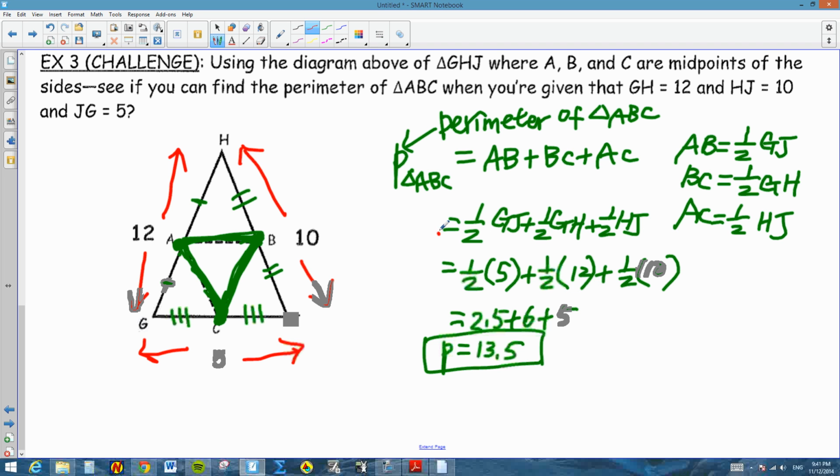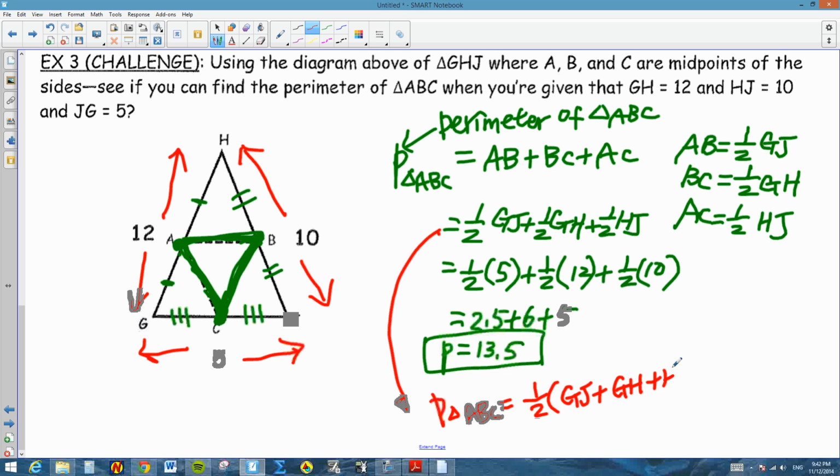From here, we discover that the perimeter of triangle ABC will equal, we factor the 1/2 out, 1/2 of GJ plus GH plus HJ.